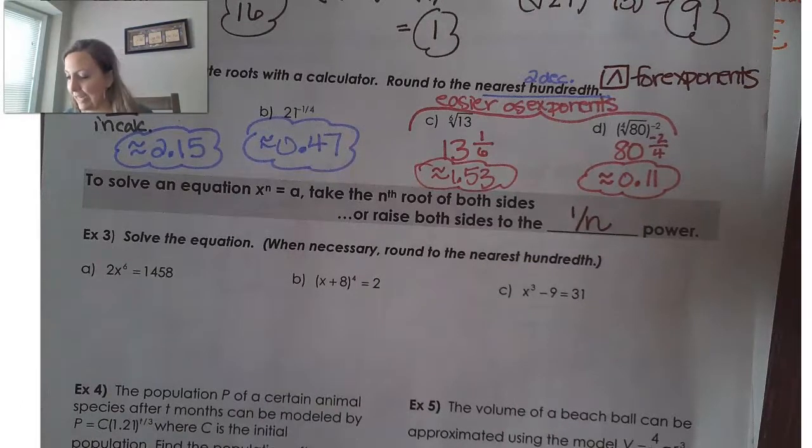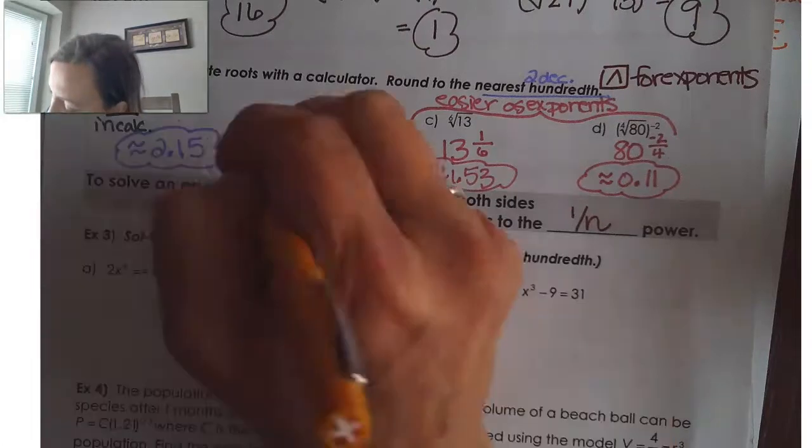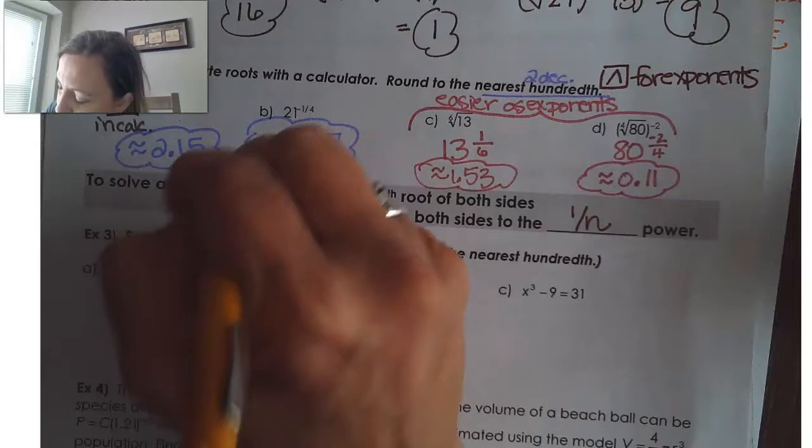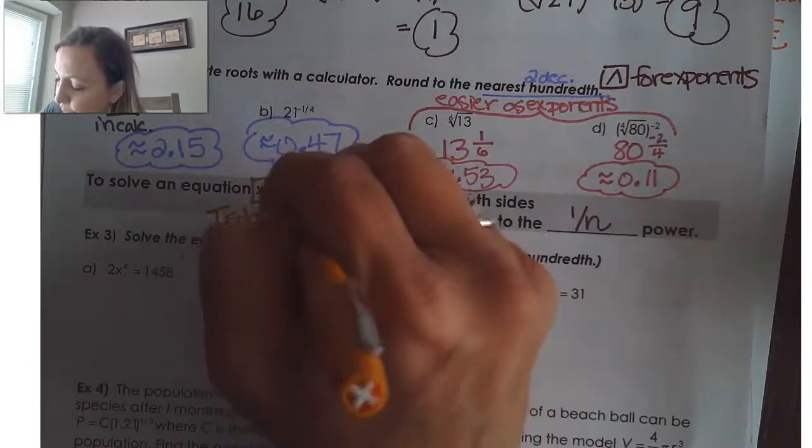So in letter A, this says 2x to the 6th equals 1,458. And we want to take the roots. But before that, we have to make sure that your power is isolated. So I wouldn't start 3a by taking the 6th root.